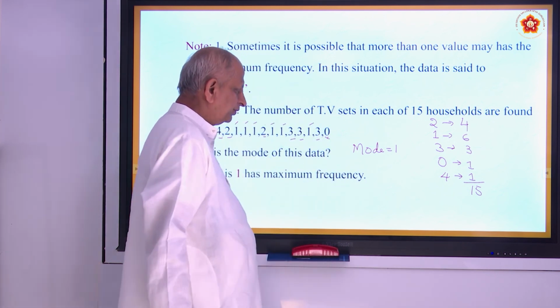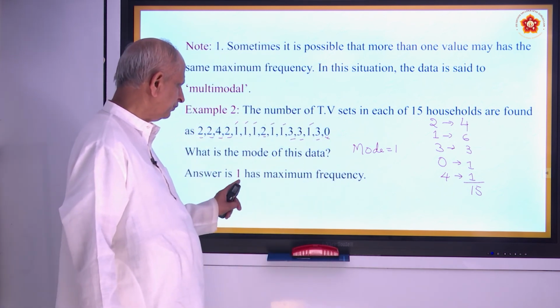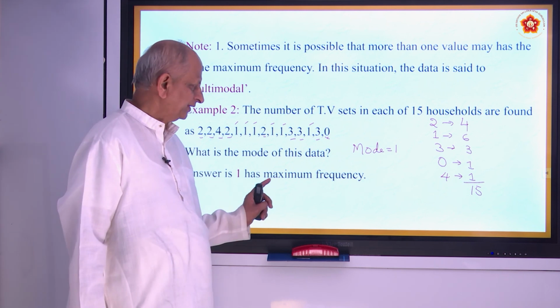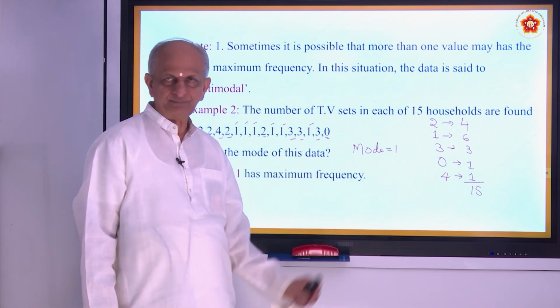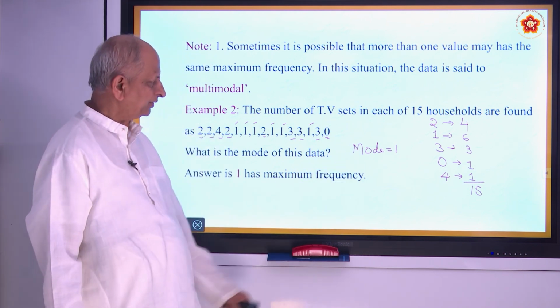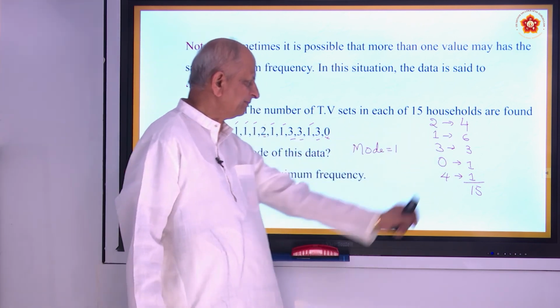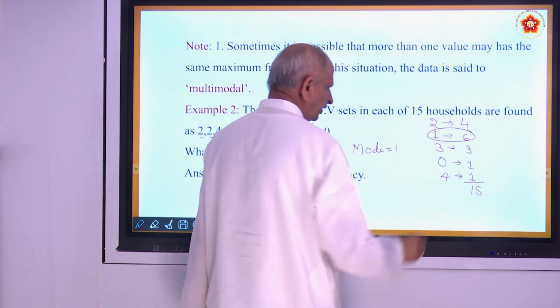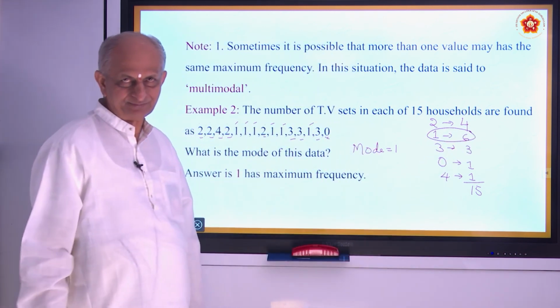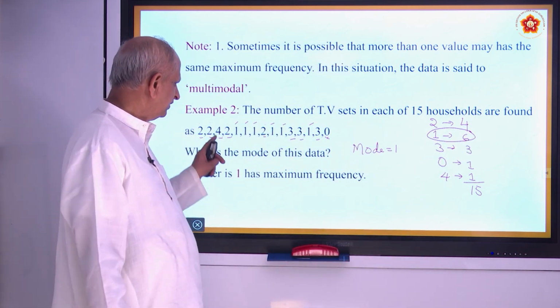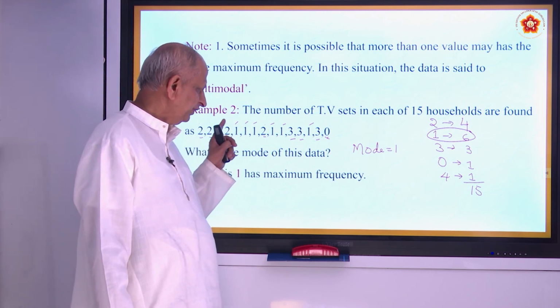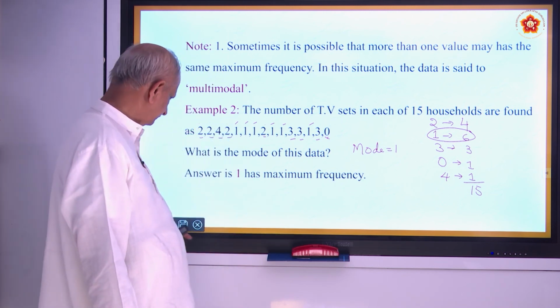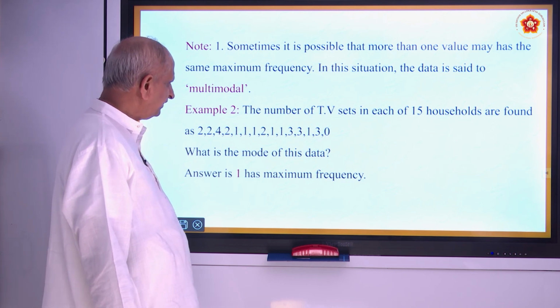So maximum is 6 and therefore we say mode is 1. Out of these frequencies, which has maximum, they are asking. So in 6 houses there is one and only one TV. Therefore we say mode of this is 1. Okay, that is the answer for that.